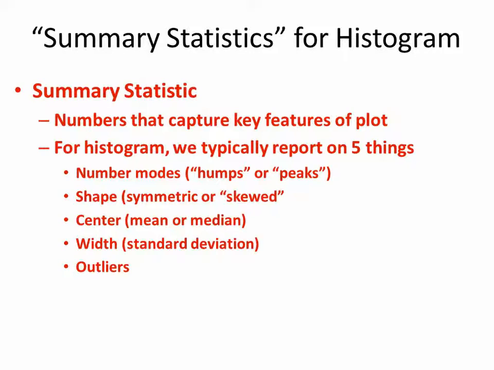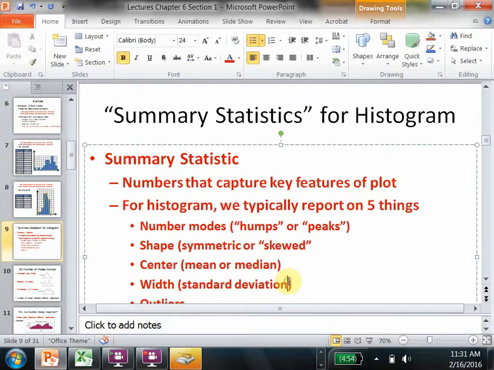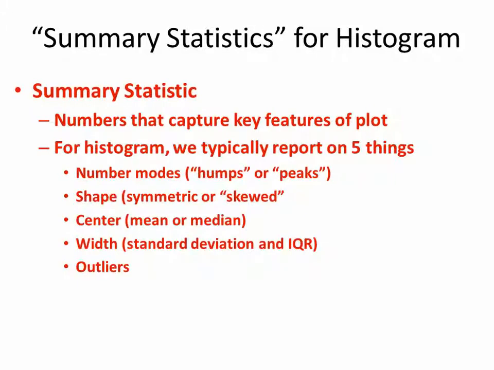So notice that there are 2 ways we can compute the center. We're going to talk about what this means. But there are 2 different ways we can compute it. Which one we use is dependent on the shape. There's also 2 different ways we can do the width, and I'm going to add one. This is the interquartile range. I'll come back to this a little bit later.